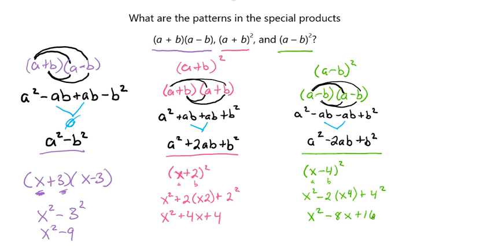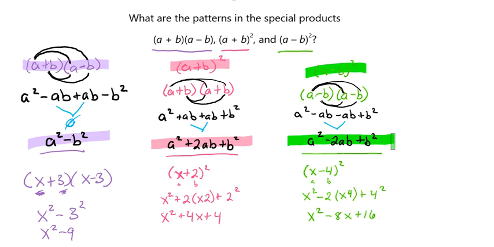So if you can recognize these three pieces, the a plus b times a minus b, the a plus b quantity squared, and the a minus b quantity squared, instead of writing them all out or having to FOIL them out like we just did, you could skip ahead and just follow the shortcuts of a squared minus b squared, a squared plus 2 times a times b plus b squared, and a squared minus 2 times a times b plus b squared.